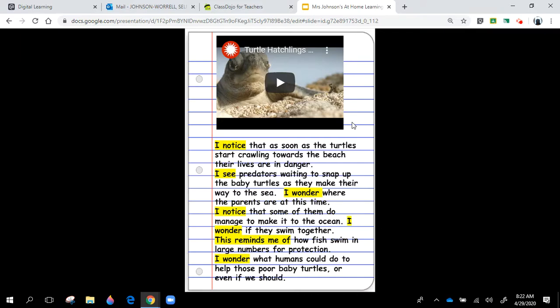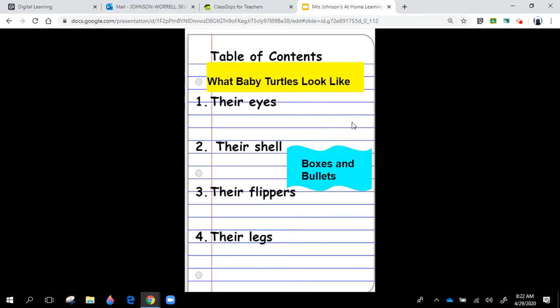And our table of contents helps us to organize our chapters so we can teach it well. So to plan our table of contents, we can use different text structures. We can use boxes and bullets, compare and contrast, problem and solution. So I'm going to show you some ways that you can do that.